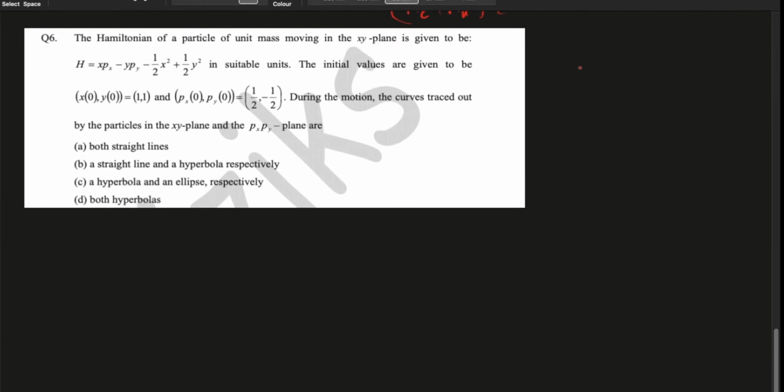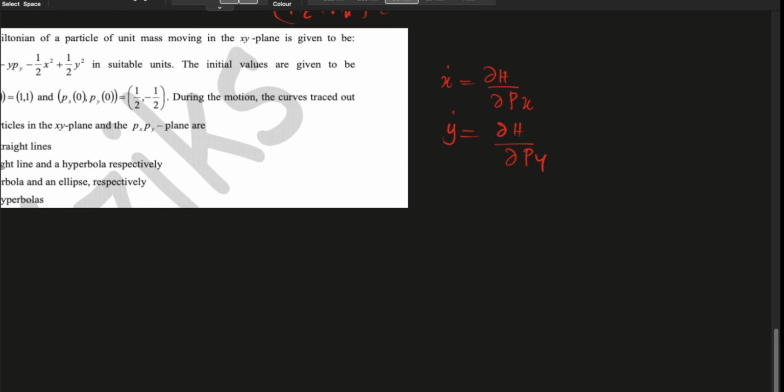So q dot means here x dot equal to dH by dpx, and y dot equal to dH by dpy. That is the first set of equations. The second set of equations are px dot equal to minus dH by dx, and py dot equal to minus dH by dy.